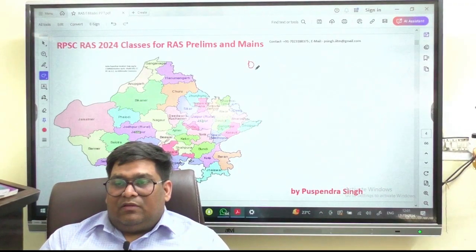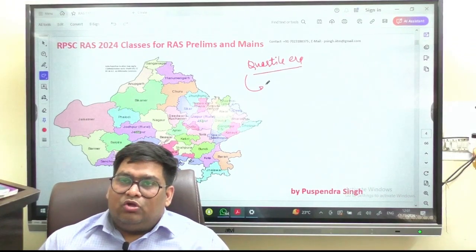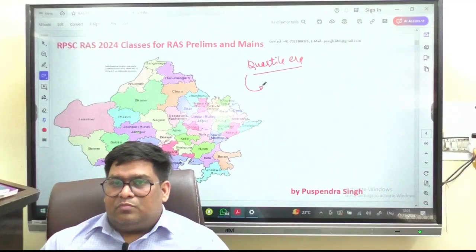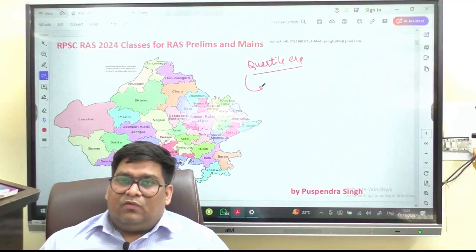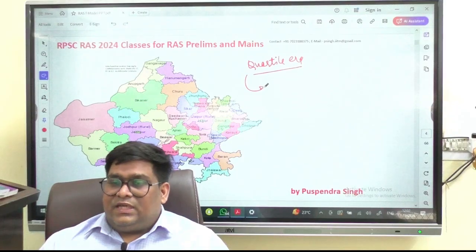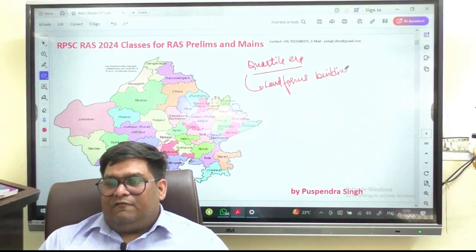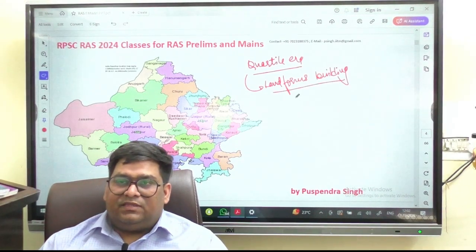In the Quaternary era, most of the landforms we have today were built. The landform building process was there.